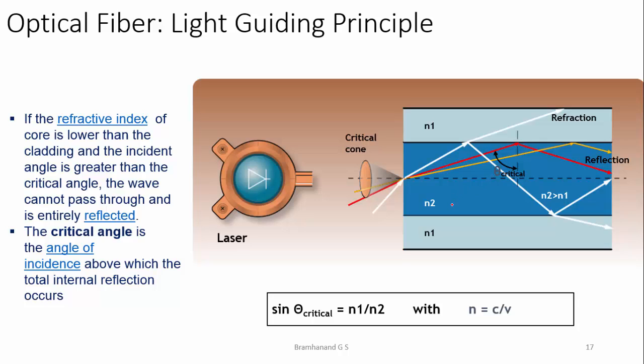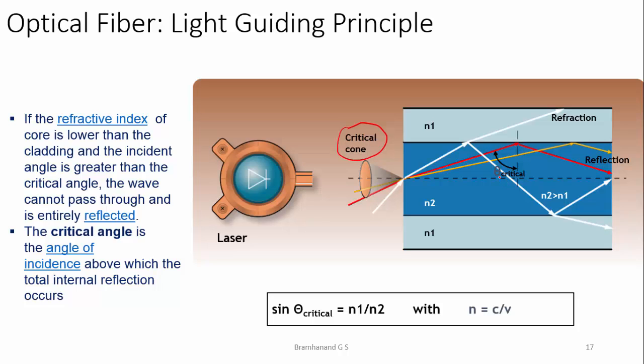Whenever I want to transmit my light with the data in optical fiber, the laser will have to transmit this particular light within the critical cone so that the light is emitted to the optical fiber such that the angle of incidence into the core is more than the critical angle of incidence.